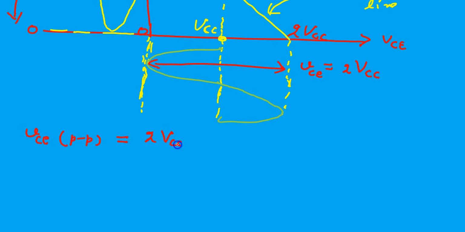For output power we need the peak to peak collector emitter voltage, that is twice VCC, and the peak to peak collector current, that is twice IC.